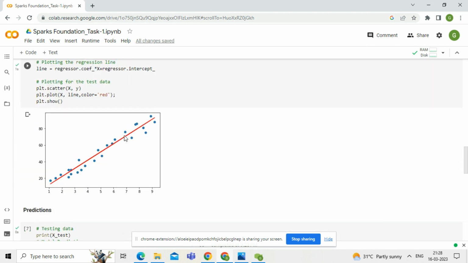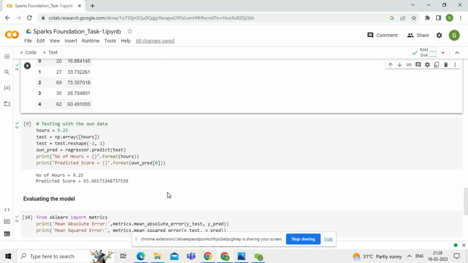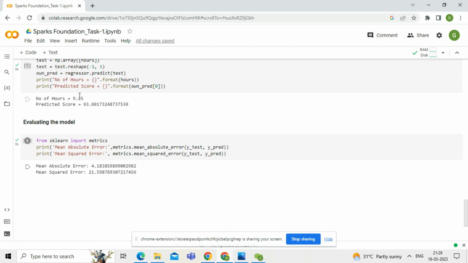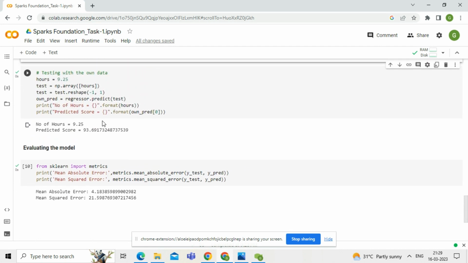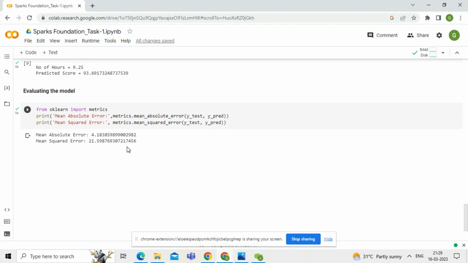From this graph, we can say that the number of hours studied versus the percentage obtained matches with the obtained test data. So we can conclude that the model is running successfully and it is making predictions very clearly.